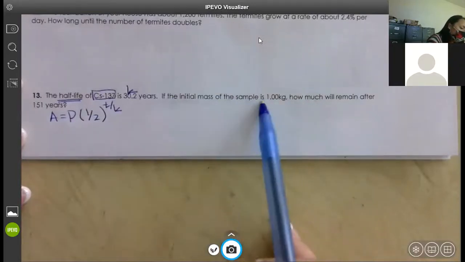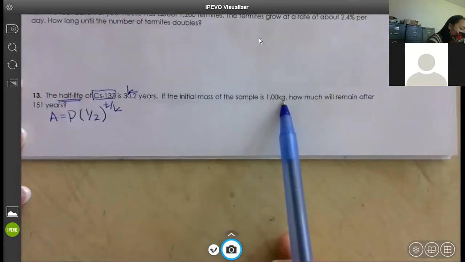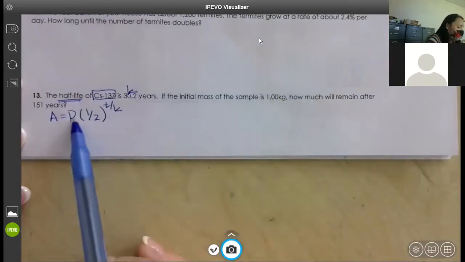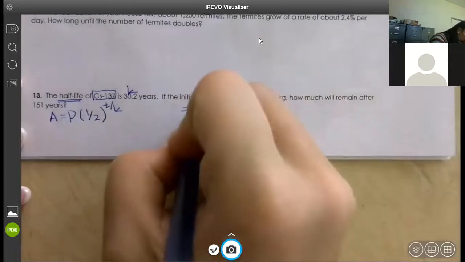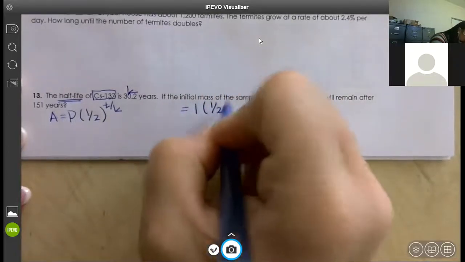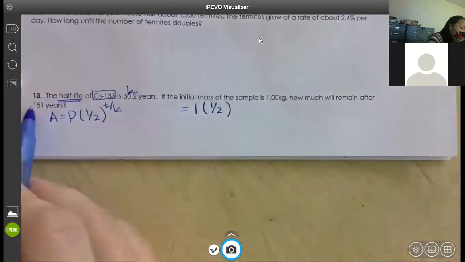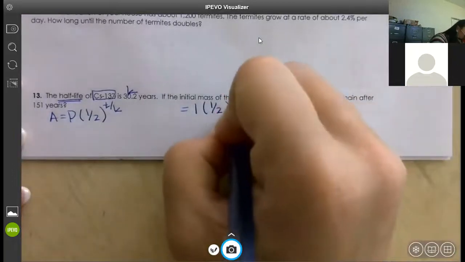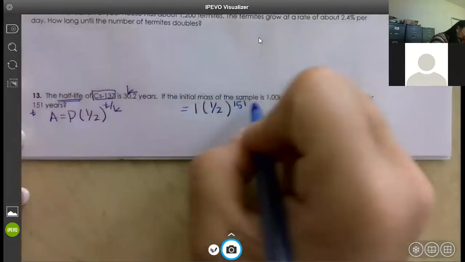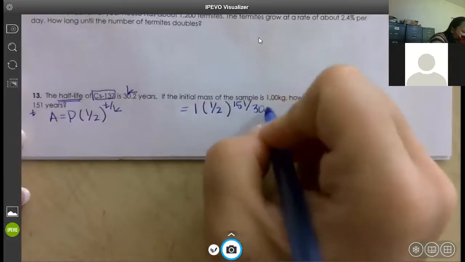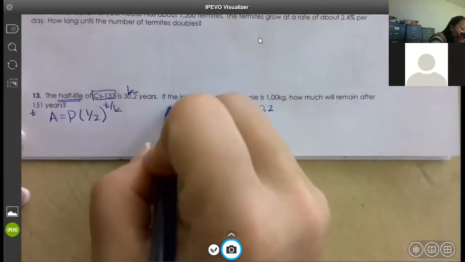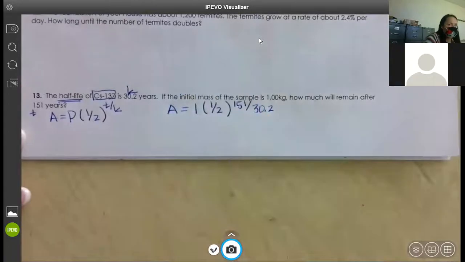The initial mass of the sample is 1 kilogram. So that's P. Your initial is 1. How much will remain after 151 years? That's your T. 151 years. It takes it 30.2 years to break down. And we're looking for the remaining. How much is left over?